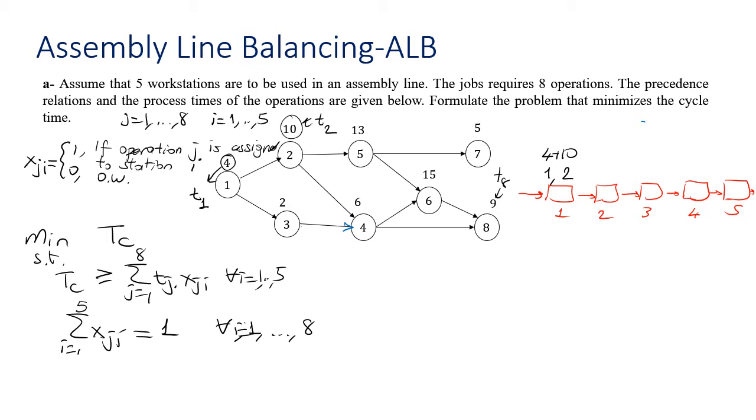So what we are going to do is convert this graph into a matrix, data that we can use in Cplex. Of course, there are different methods, but I'm going to use this method.